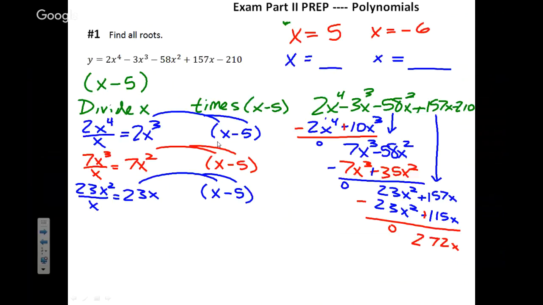Ooh, that doesn't look right. What did I do wrong? 23 was a negative. Should have been a negative. Thank you. So I knew I got something wrong because we should end up with what? 0, 0, right?